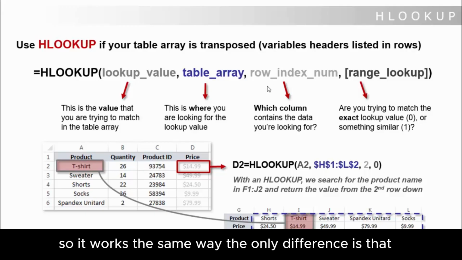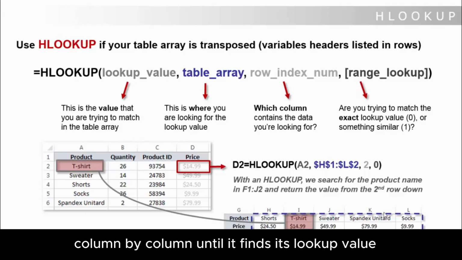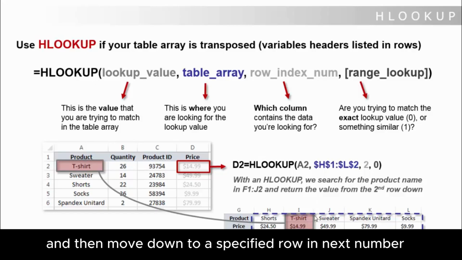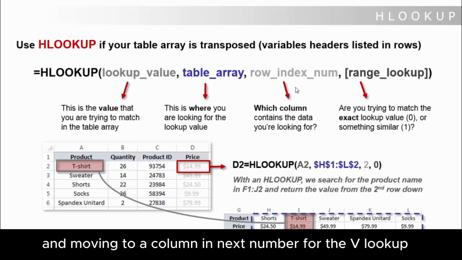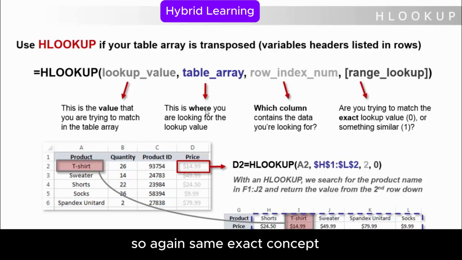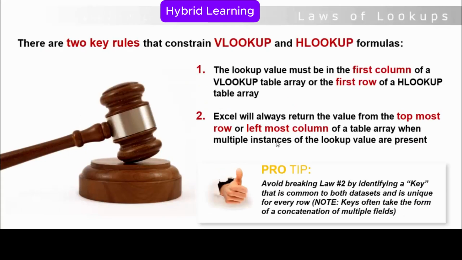So it works the same way. The only difference is that it will move column by column until it finds its lookup value, and then move down to a specified row index number, as opposed to moving row by row and moving to a column index number for the VLOOKUP. So again, same exact concept. You just use it when your data is transposed.